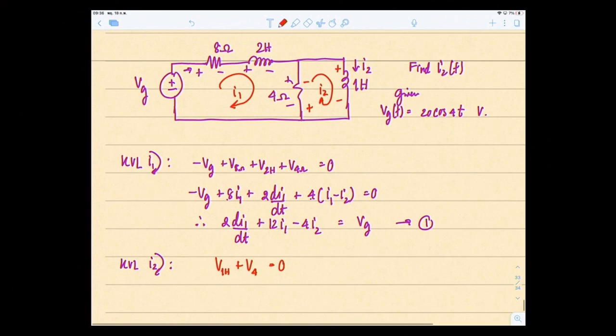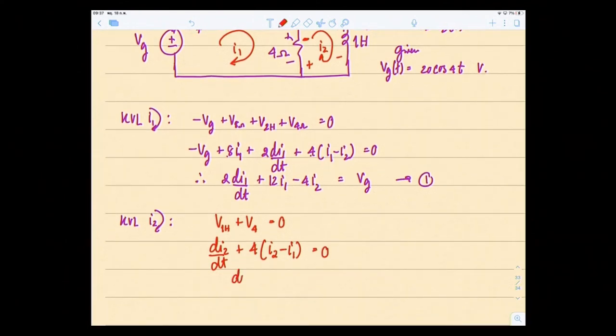So you have 1 times di2/dt plus 4 times, since the current I2 now enters a positive terminal, I2 minus I1, and I1 goes into a negative terminal of the red polarity. So you get di2/dt plus 4I2 minus 4I1 equal to 0.